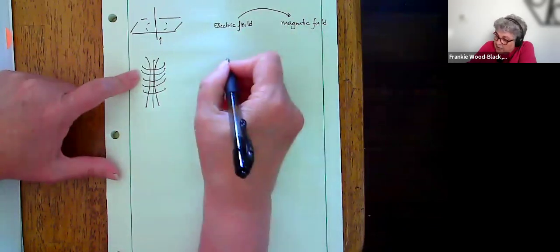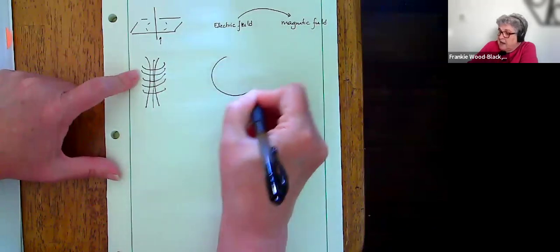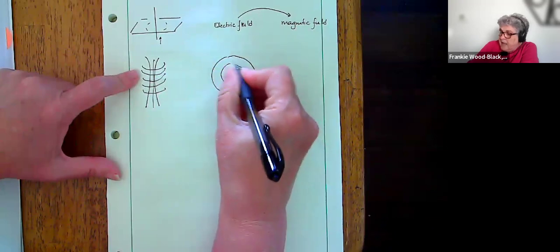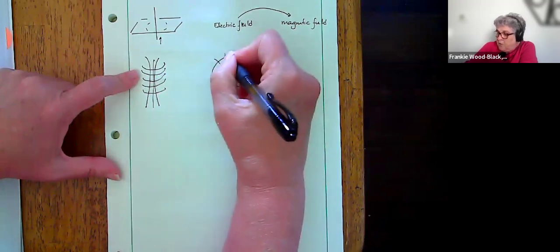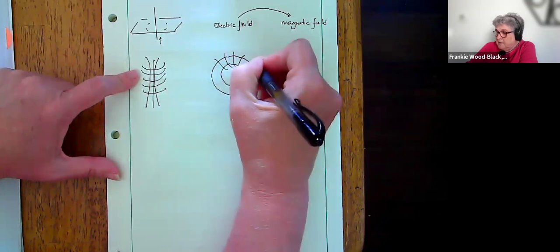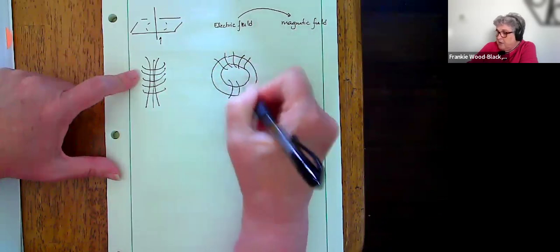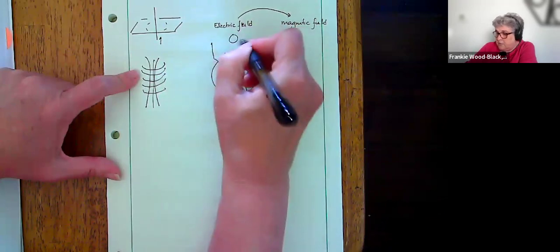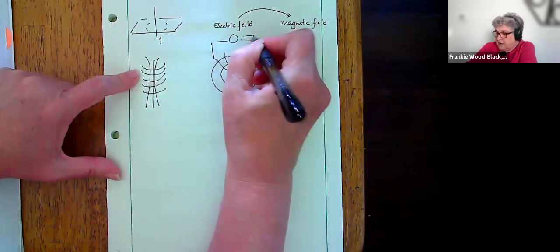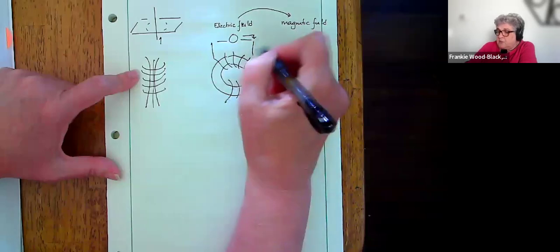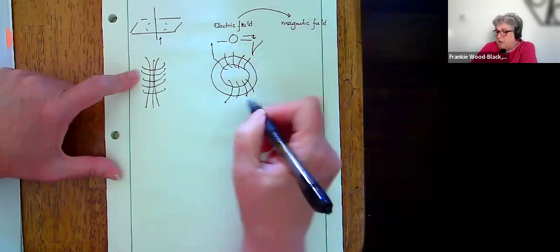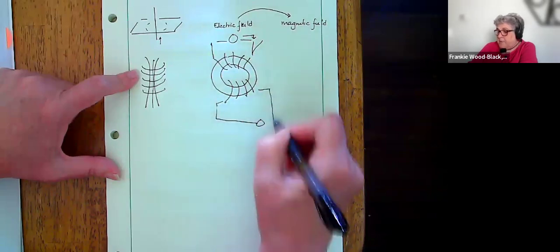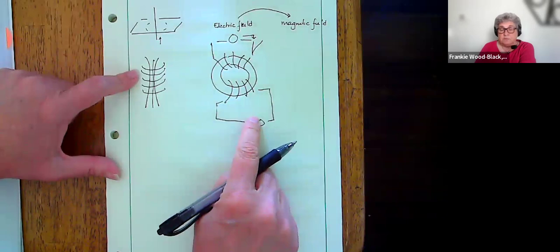And so what Faraday did is he created an iron ring and he put a coil around the iron ring here. And then he put another coil around the iron ring here. And when he put a current through this, so we got a current going in there, when he flipped the switch of the current, you actually saw a current show up on this side.